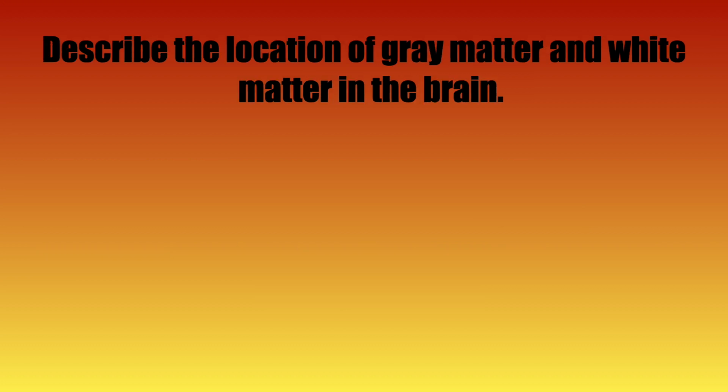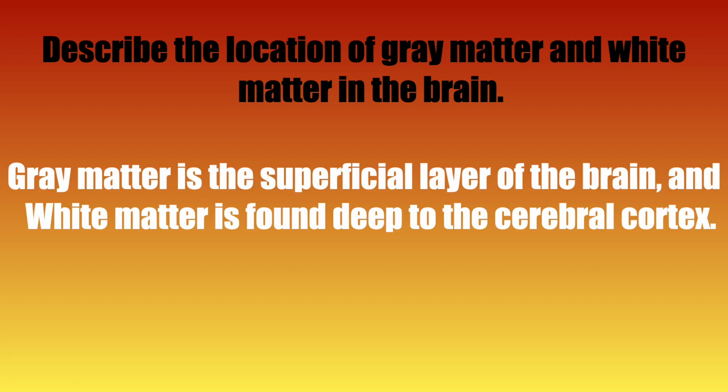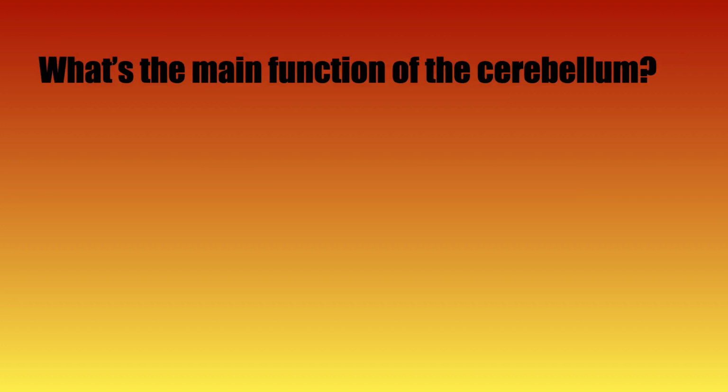Describe the location of gray matter and white matter in the brain. The answer is gray matter is the superficial layer of the brain, and white matter is found deep to the cerebral cortex. What's the main function of the cerebellum?